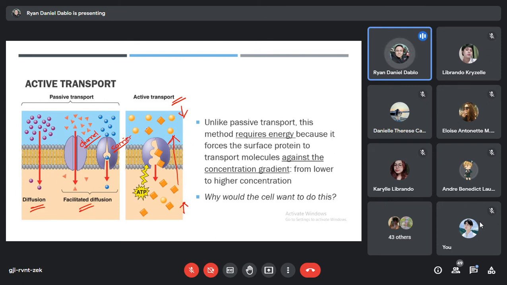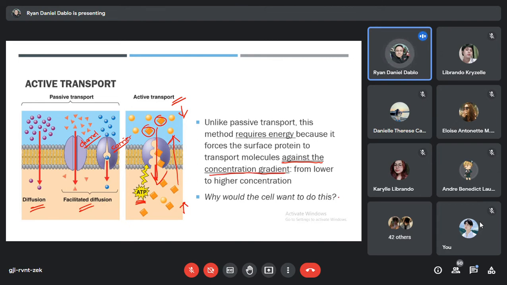But what if the cell needs this inside? Since it's going against the natural flow, it will utilize adenosine triphosphate to forcibly pull those molecules inside. So again, we are moving against the concentration gradient from lower to higher concentration.